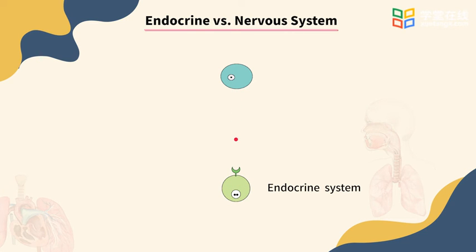Hormones are transported in blood and other extracellular fluid. And when hormones encounter their target cells or target tissues, they exert biological effects. Hormonal regulation takes effect a little bit slower, but lasts longer and is more widespread as compared with neuroregulation.